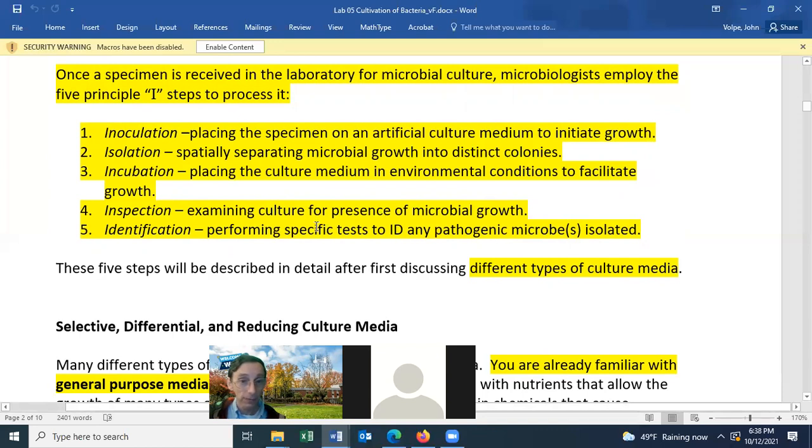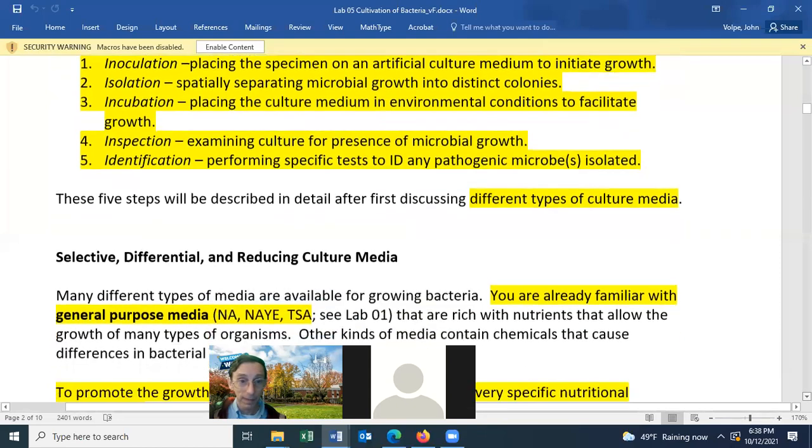Inspection, examining the culture for the presence of microbial growth, and then identification, trying to identify the species of bacteria you have growing, assuming you've got it isolated into different species, different colonies, and usually performing specific tests to identify any pathogenic microbes that are isolated. These 5 steps use different types of culture media. And so let's talk about the different types of media.